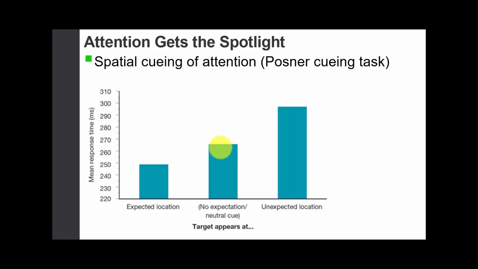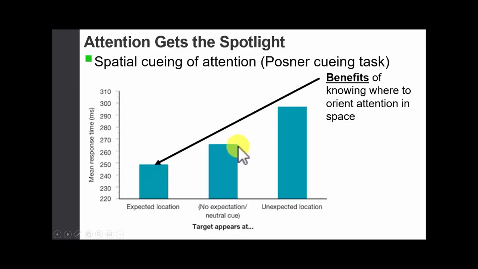Now, when the cue is valid, this actually shows a benefit of knowing where that target is going to appear, right? And so we see that reaction times get about 20 milliseconds faster. So a really small amount of time, but still significant: having a valid cue improves performance, so participants are faster at identifying the box that the target's on.